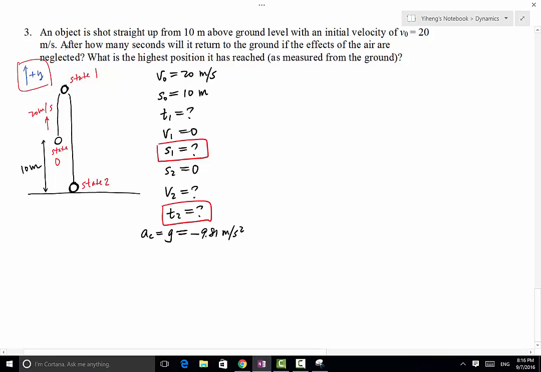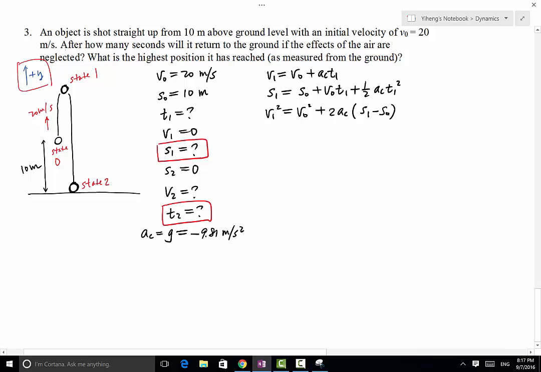So between the initial state and state 1, we can apply 3 equations, which are v1 equals v0 plus a_c t1, S1 equals S0 plus v0 t1 plus 1/2 a_c t1 squared, and lastly, v1 squared equals v0 squared plus 2 times a_c times (S1 minus S0).